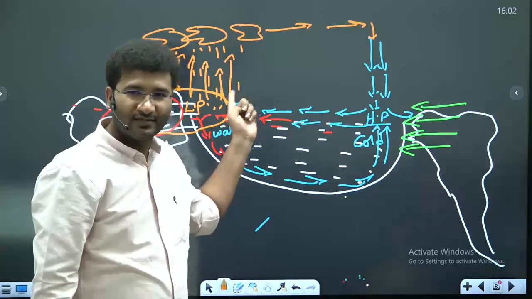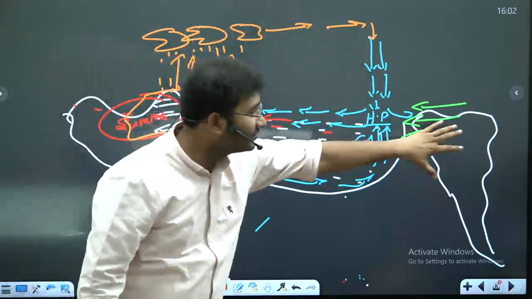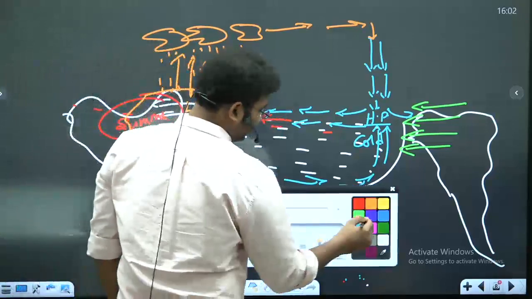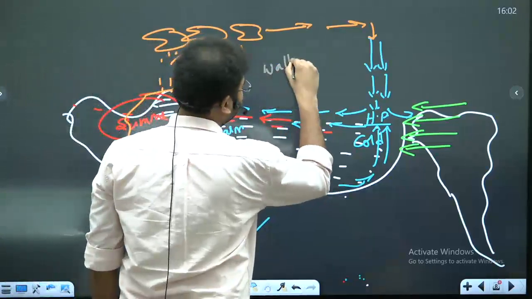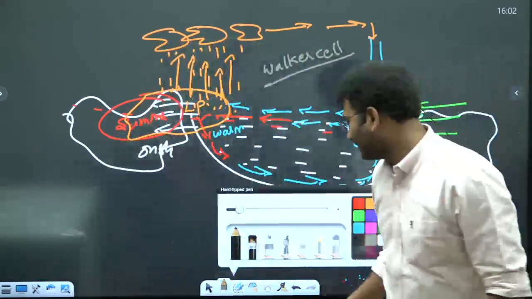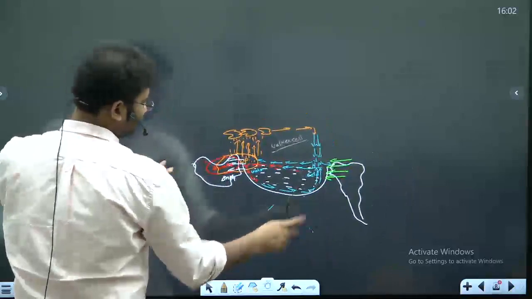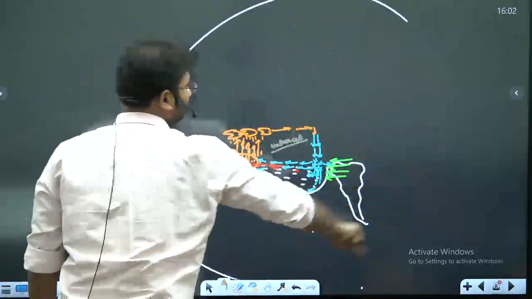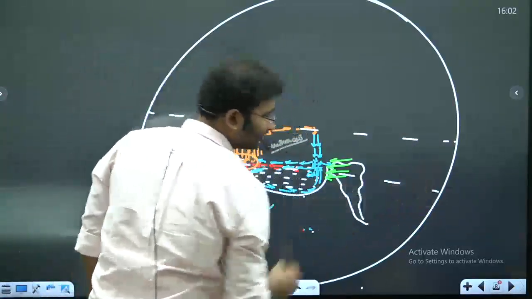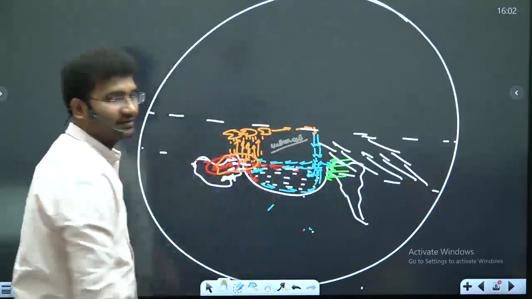ये क्या हो गया? ये सेल कौन सा सेल है? हैडली मत बोलना, हैडली ये सेल नहीं है. हाँ, so overall this is nothing but Walker cell. समझ गया, वॉकर सेल और हैडली सेल. हैडली सेल कौन सा है? हैडली सेल यहां पे, अगर मैं इसे लेकर हैडली सेल के रूप में ड्रॉ करूँ, this is your earth, this is your equator, this is your tropic of Cancer, the wind system that is present here, this is your Hadley cell. ठीक है?